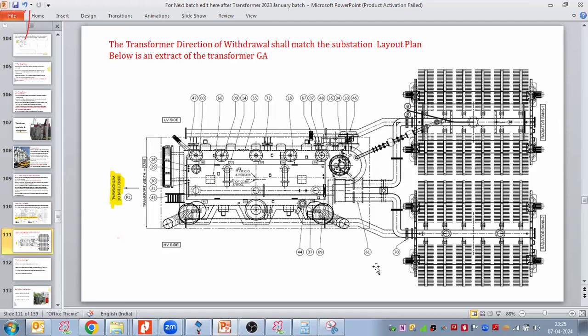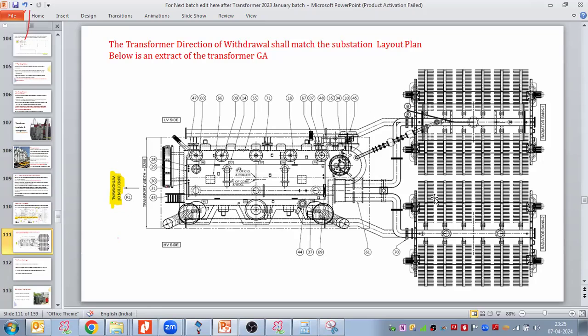And when we are reviewing the transformer general arrangement drawing, we need to comment, or we need to ask the transformer vendor to indicate the transformer direction of withdrawal, that is, in which direction the transformer needs to be withdrawn. So the transformer direction of withdrawal shall match the substation's layout plan.